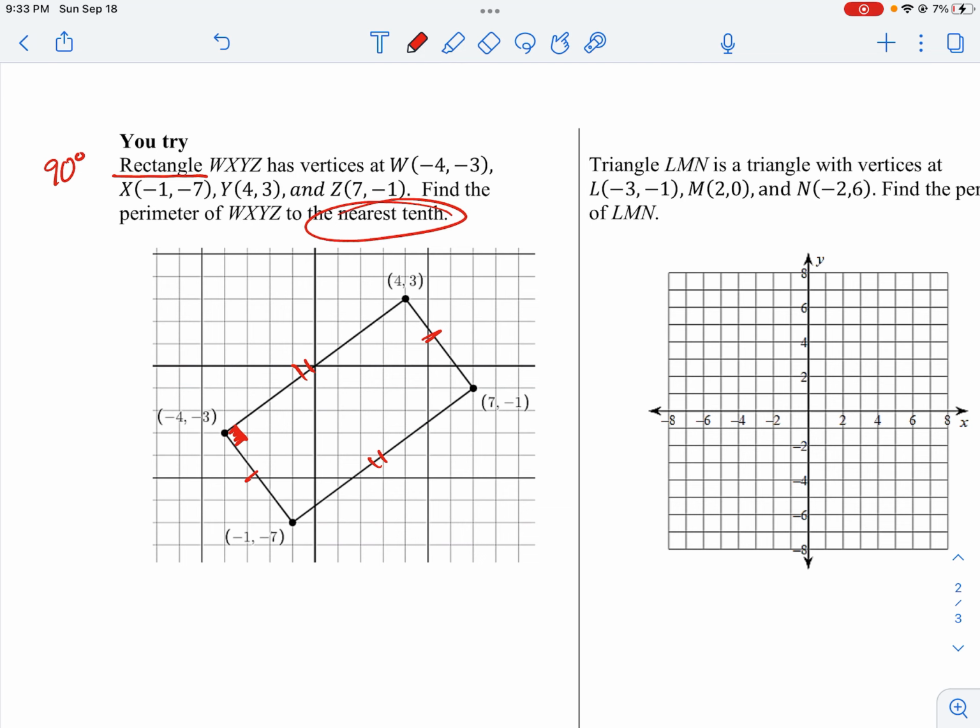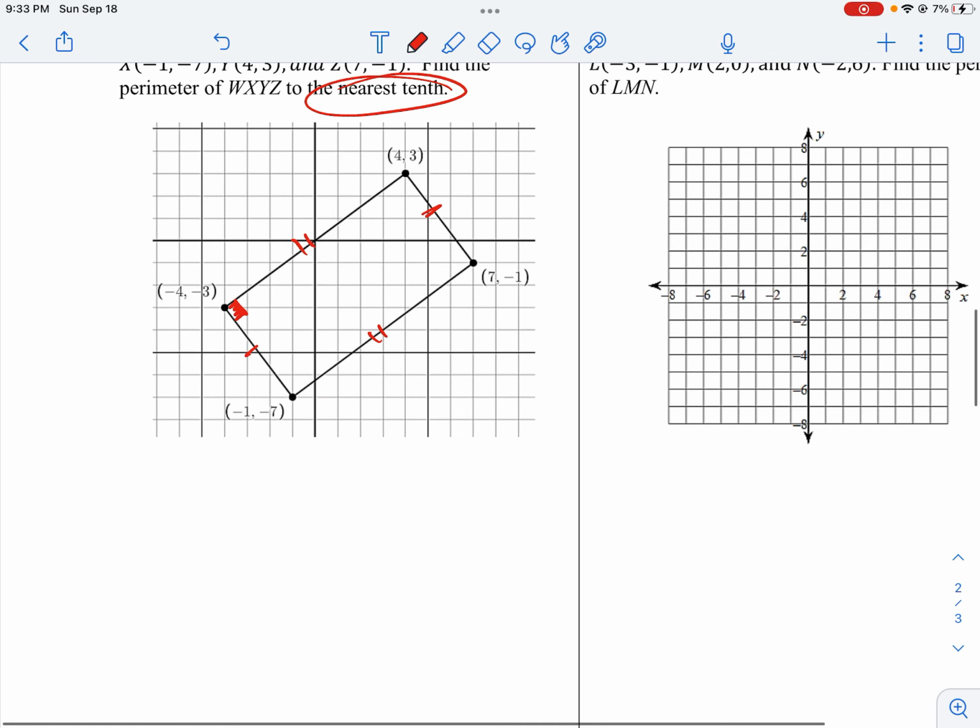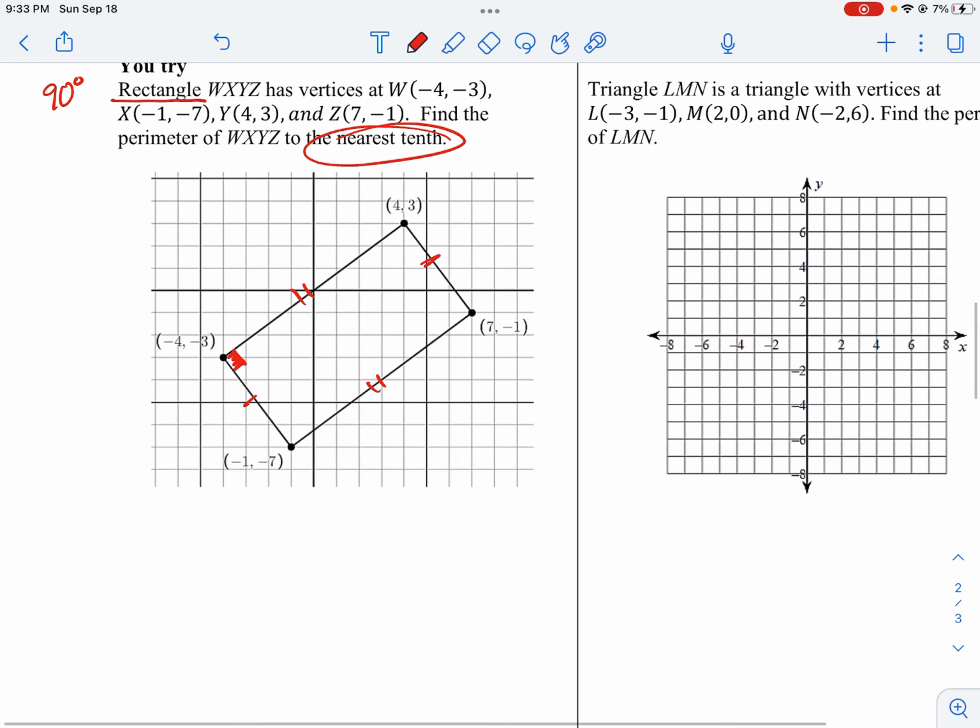And we're doing nearest tenth again. So we have W is 4, -3, X, Y, and Z. So I'm going to find WY, and then I'm going to find WX. And then I'm just going to multiply that by 2.